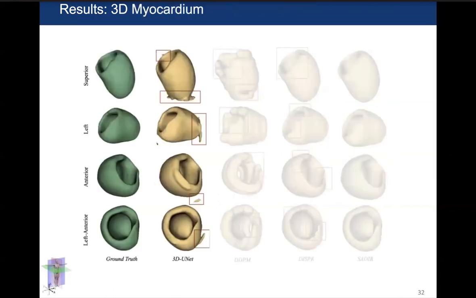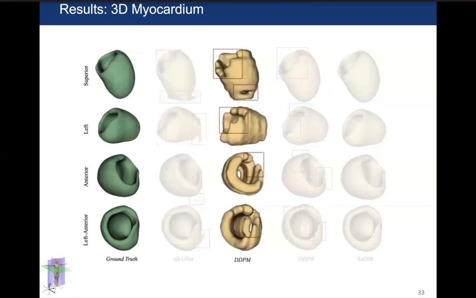So here are the results of validating our method on the 3D myocardium volumes along with SOTA model comparisons. Here you can see that the 3D UNet constructs parts of the myocardium that are not a part of the original organ, while the denoising diffusion probabilistic model is unable to reconstruct the missing frames without discontinuities.